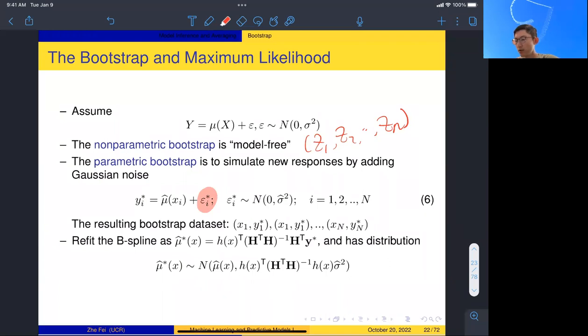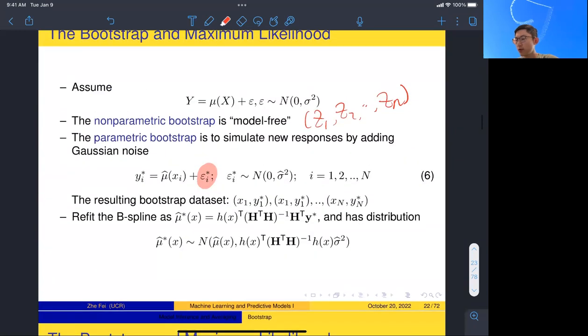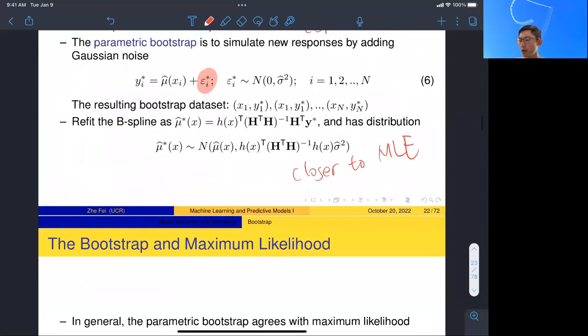Instead of bootstrapping X and Y or the Z observations, you bootstrap the error term, and that is called parametric bootstrap. So parametric bootstrap would be closer to your MLE results, because both assume an underlying parametric model, right?